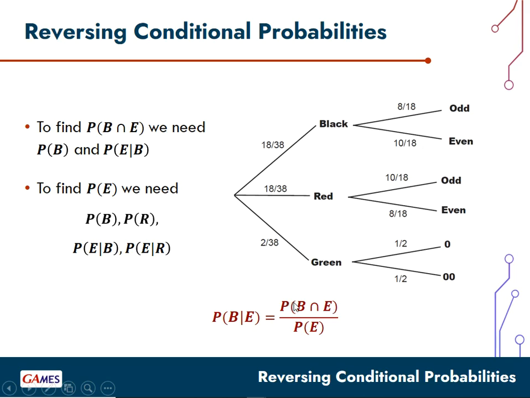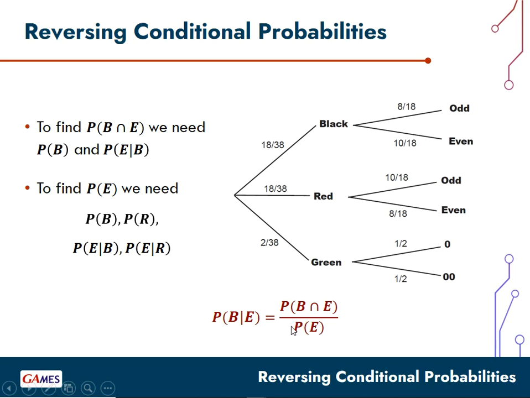So instead of using this from the beginning, let us just use the full expression from the beginning. P of B times P of E given B.